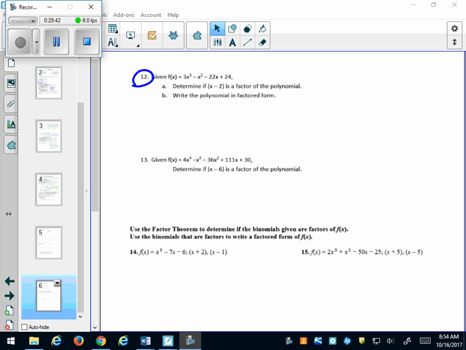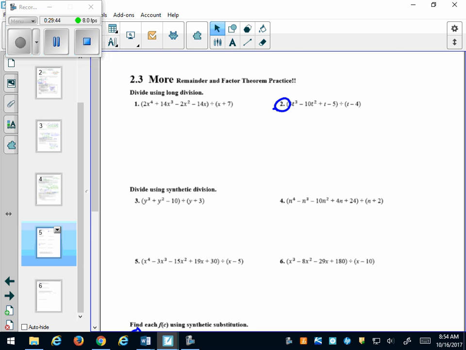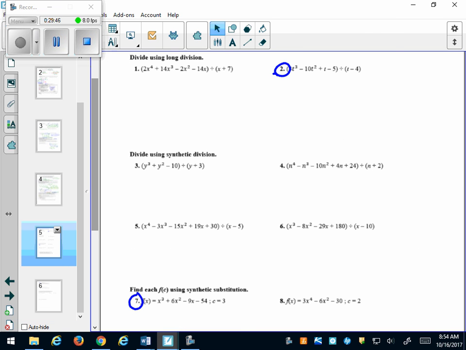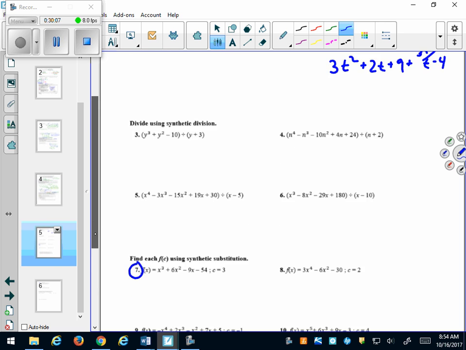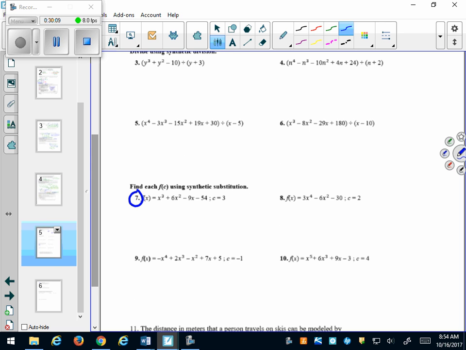So just for the record, for number 2, your solution should have come out to 3t squared plus 2t plus 9, plus a remainder of 31 over t minus 4. For number 7, the remainder was 0, so f of 3 is just 0.